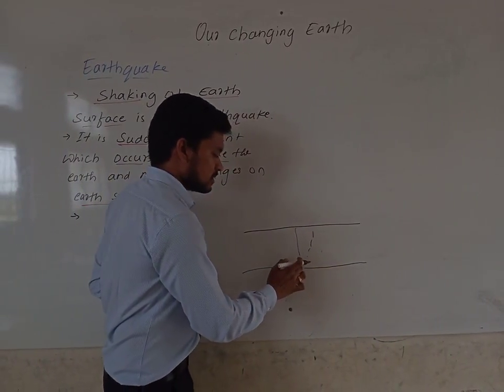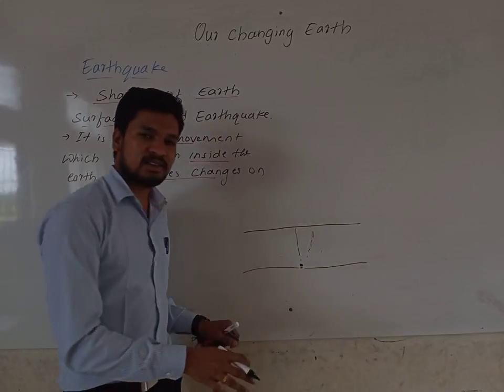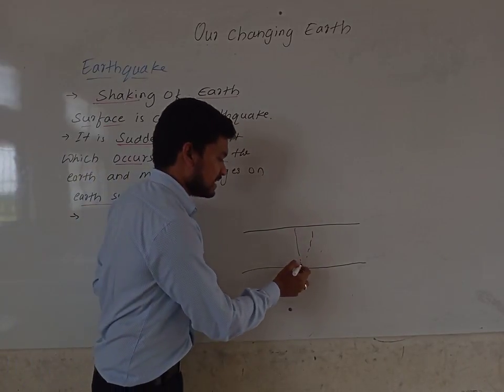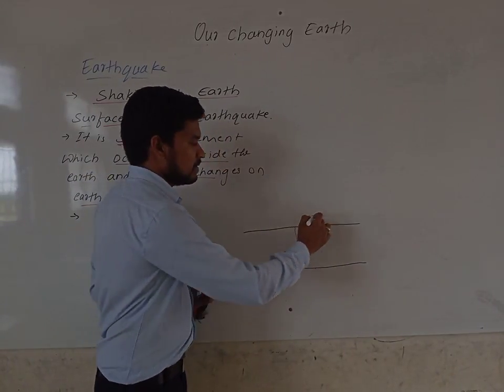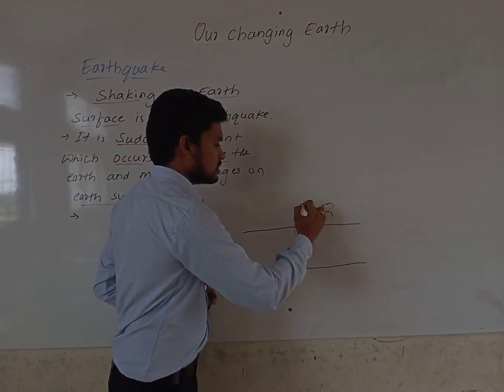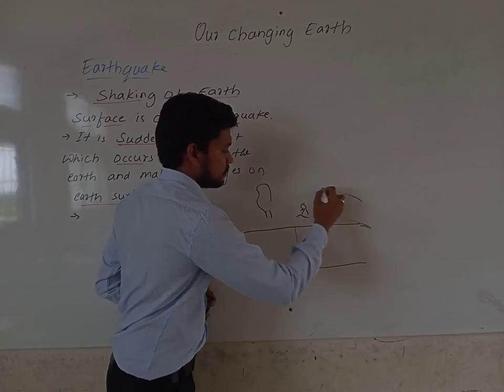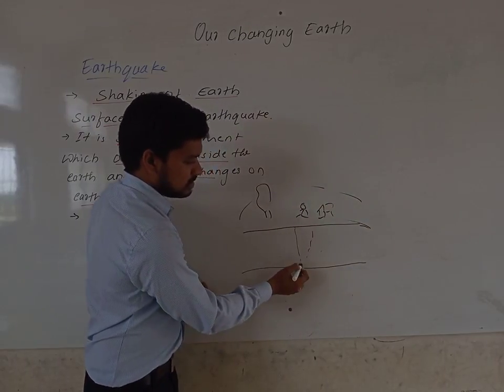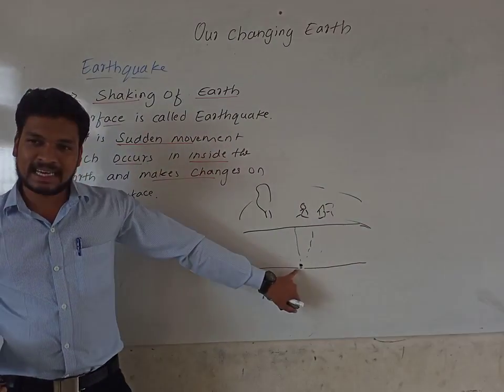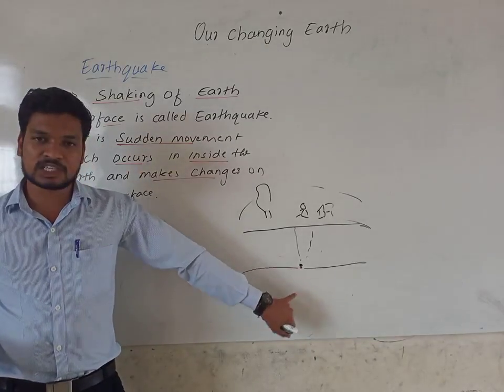So when the shake or the movement starts from this point and reaches the surface of the earth, here we have the earth surface. The movement and the energy start at this point, which is called the focus.